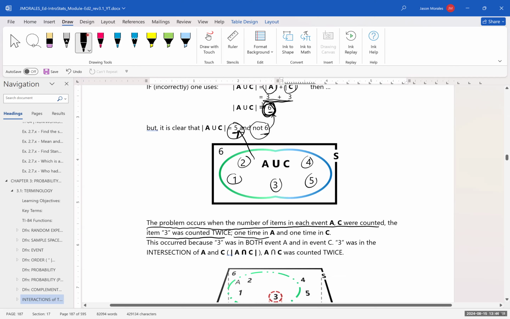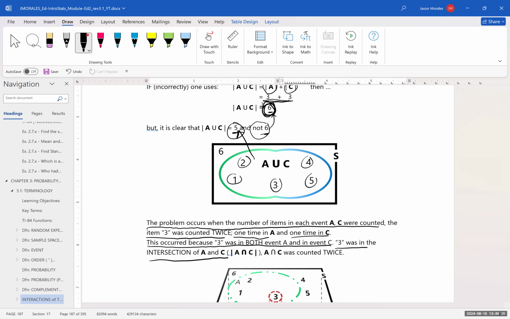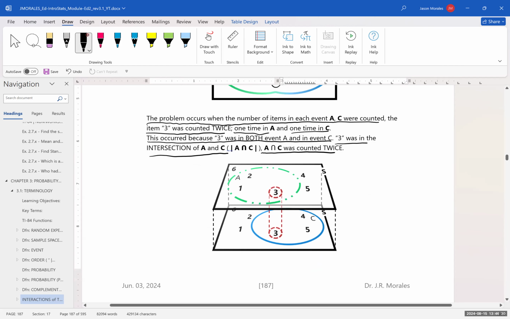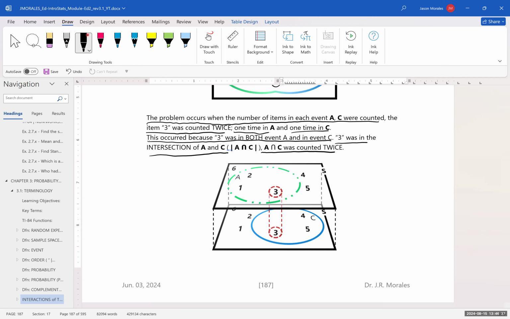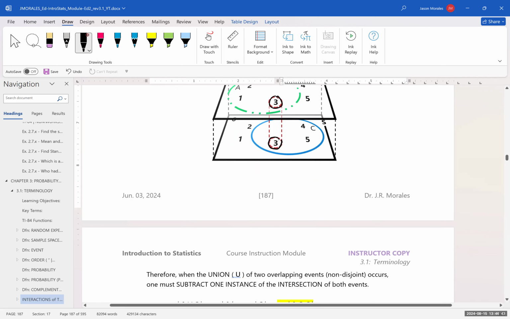So one time in A and one time in C. This occurred because 3 was in both A and C. 3 was in the intersection of A and C, so the intersection was counted twice. Here I'm showing these two superimposed on top of each other to show 3 being counted twice in each event, A and C.